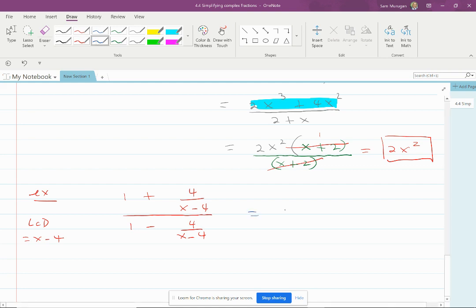So this is equal to 1 times x minus 4 plus 4 over x minus 4 times x minus 4, over 1 times x minus 4 minus 4 over x minus 4 times x minus 4.